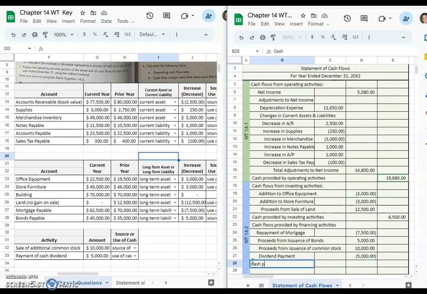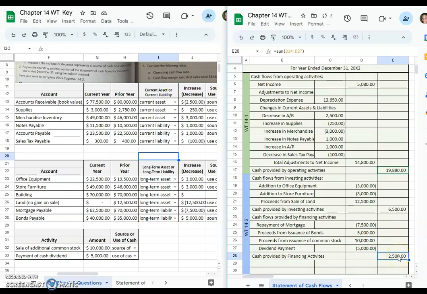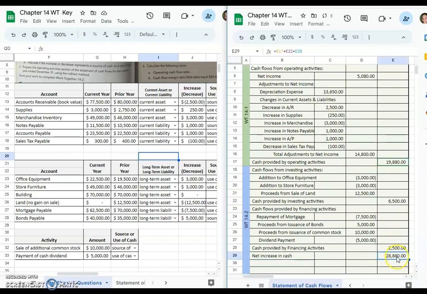So cash provided by financing activities, and we'll do the sum function to add these together. 2,500 is the net amount. So we have a net increase in cash if we add all three of these together of $28,880.